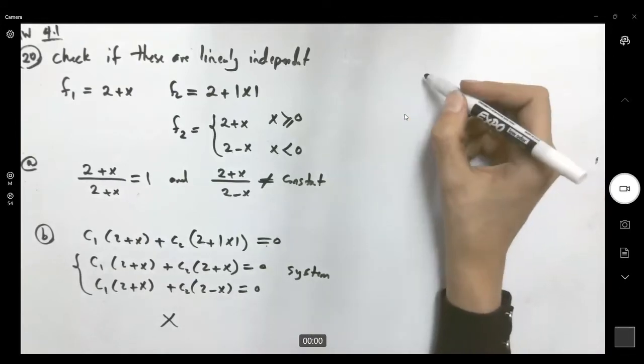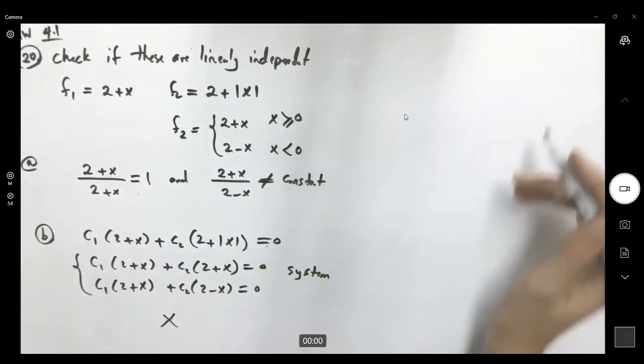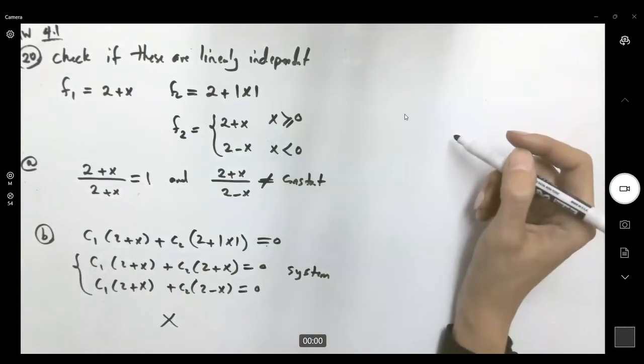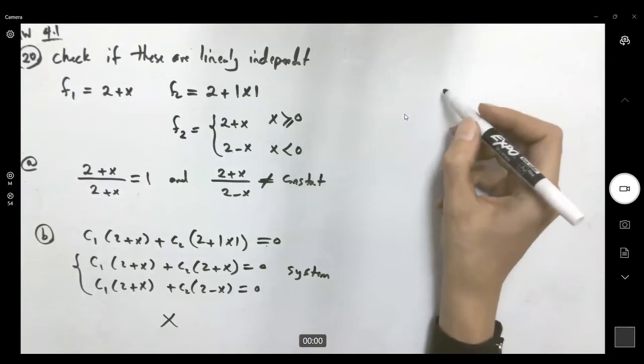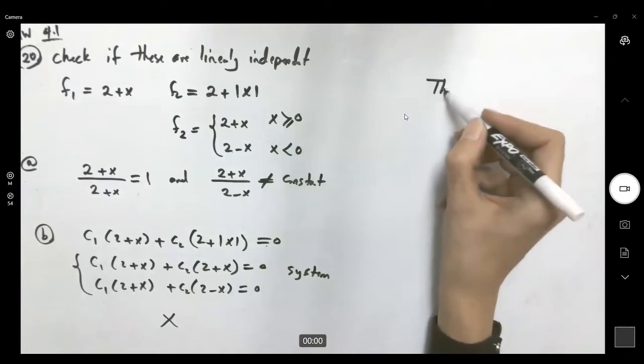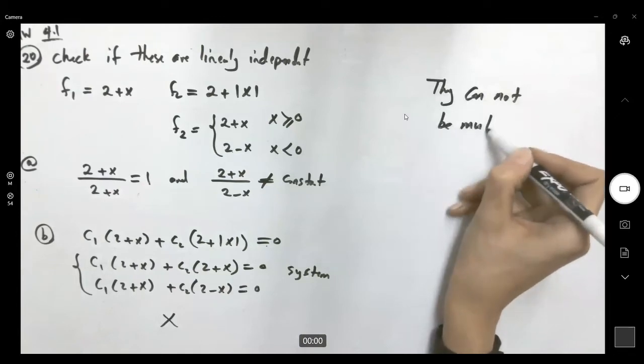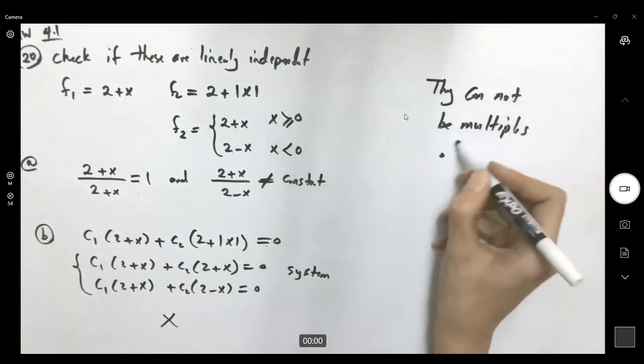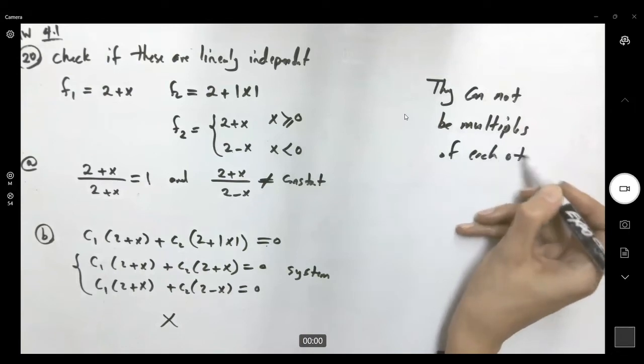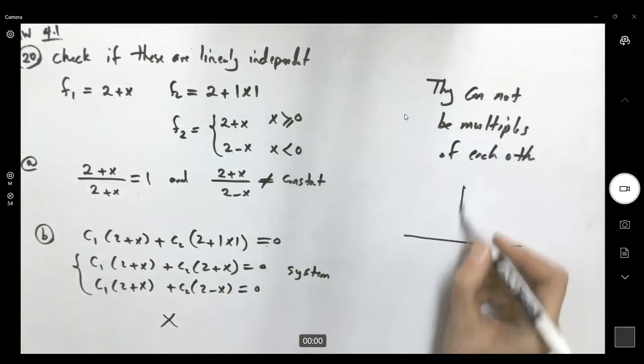So based on our investigation, you can also check their graphs. They are going to be linearly independent. They cannot be multiples of each other. Just take a look at the graphs.